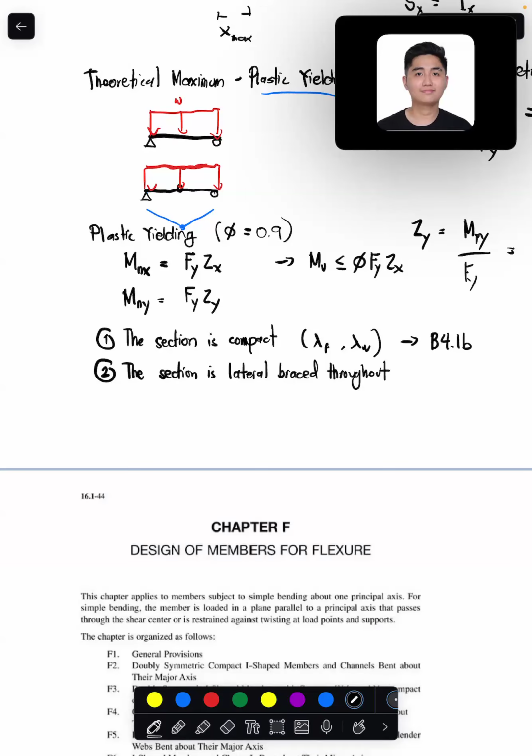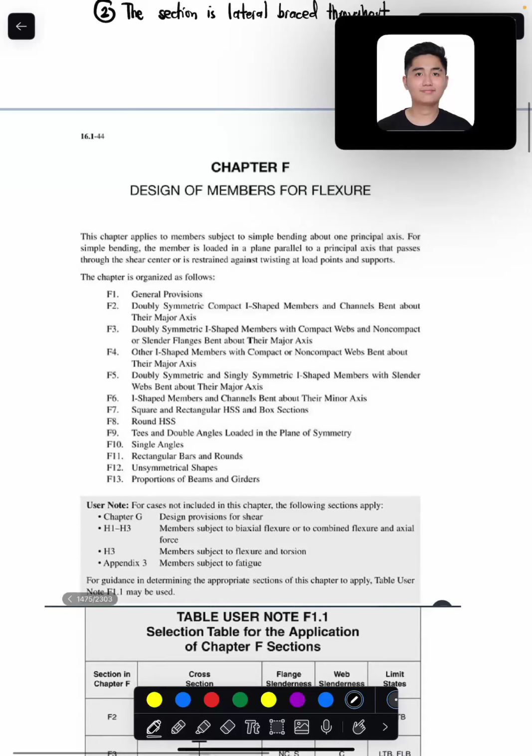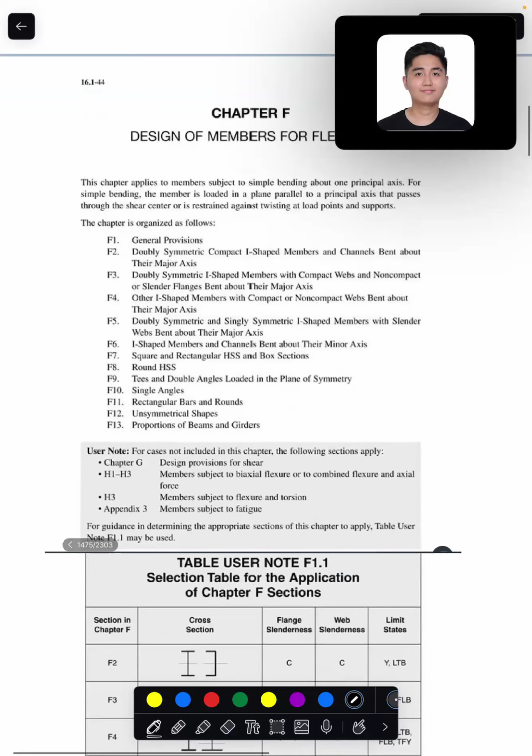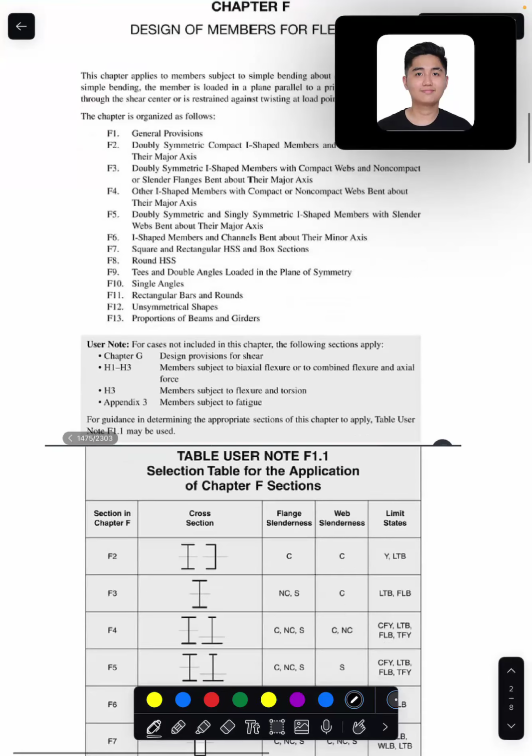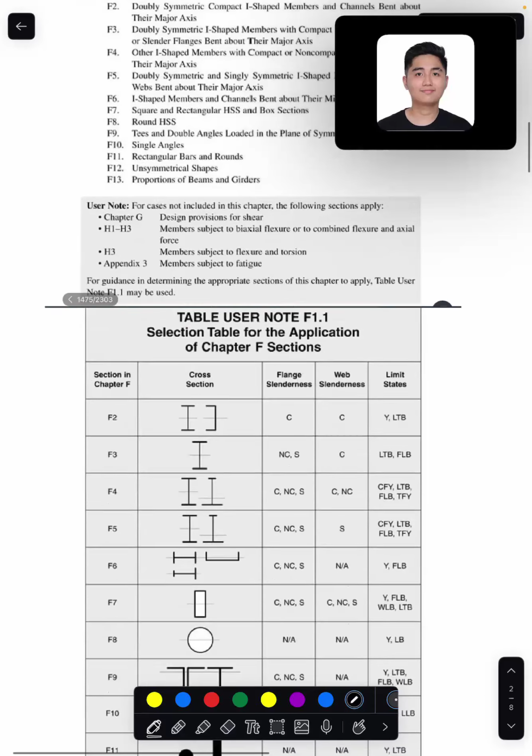So we browse through the AISC provisions. If you want to know how to design, basically Chapter F has all of that covered for you. But we'll be browsing some of the general provisions and we'll discuss a little bit about the limit states.